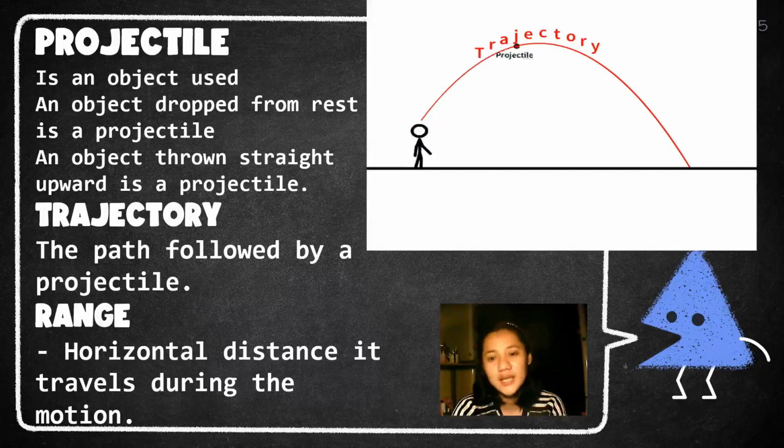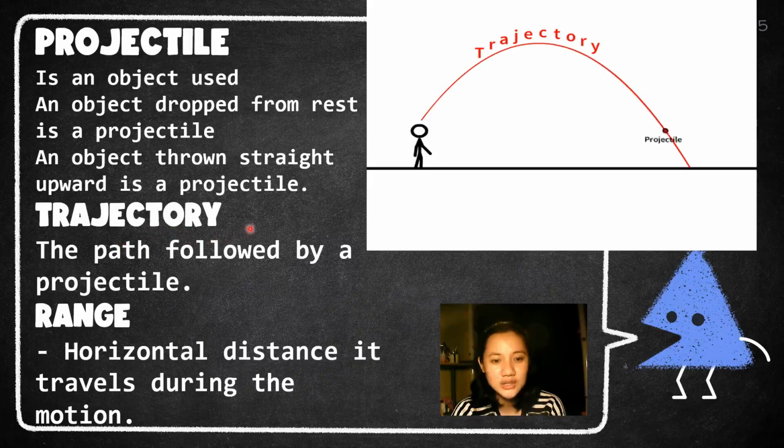So remember that projectile is the object itself. So here in our example, projectile is the ball being thrown. Okay, so that certain ball is called projectile. Pero hindi naman kailangan laging ball. No? So depende sa object na ginamit.